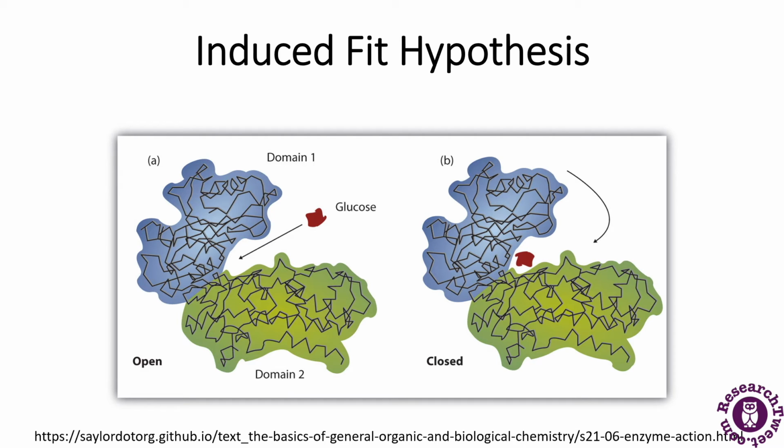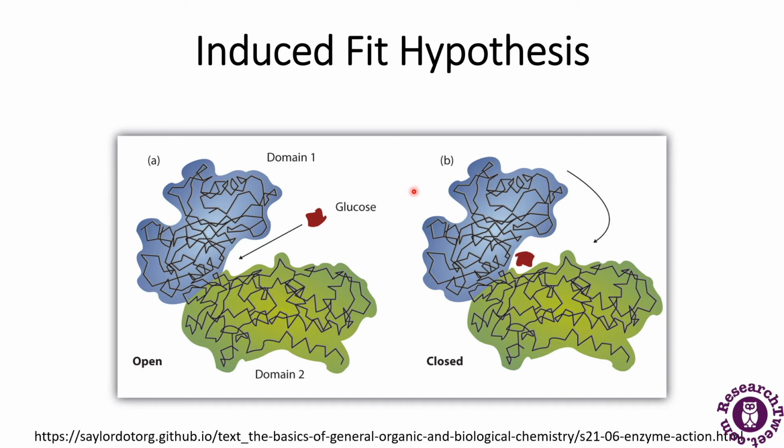This hypothesis states that the active site of the enzyme is flexible in shape and can change its shape according to the nature of the substrate, which means that it can form its active site complementary to that of the substrate.